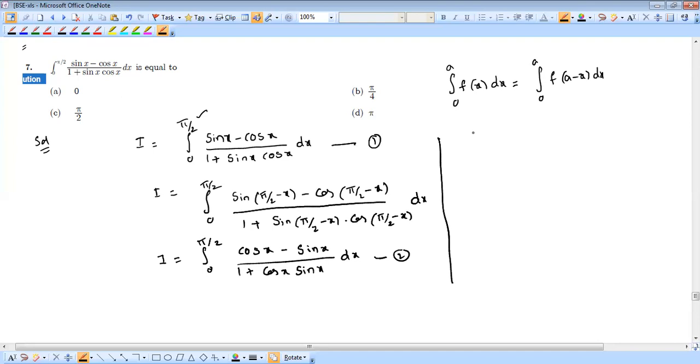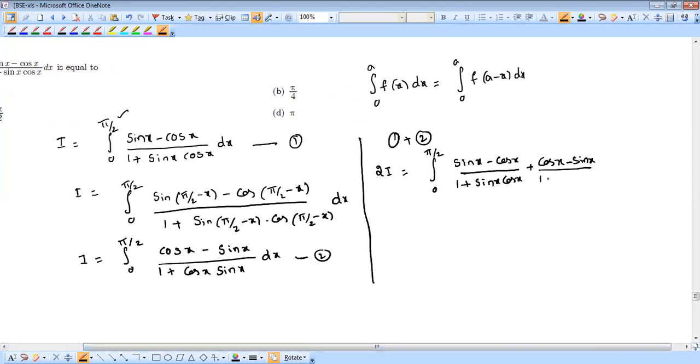Adding equation 1 and 2, on the left side we get I plus I, 2I, and integration 0 to pi by 2, both of them the same thing, so I'm writing one integration: sin x minus cos x by 1 plus sin x cos x, plus cos x minus sin x by 1 plus sin x cos x dx. Here the denominator is the same, so like fractions.